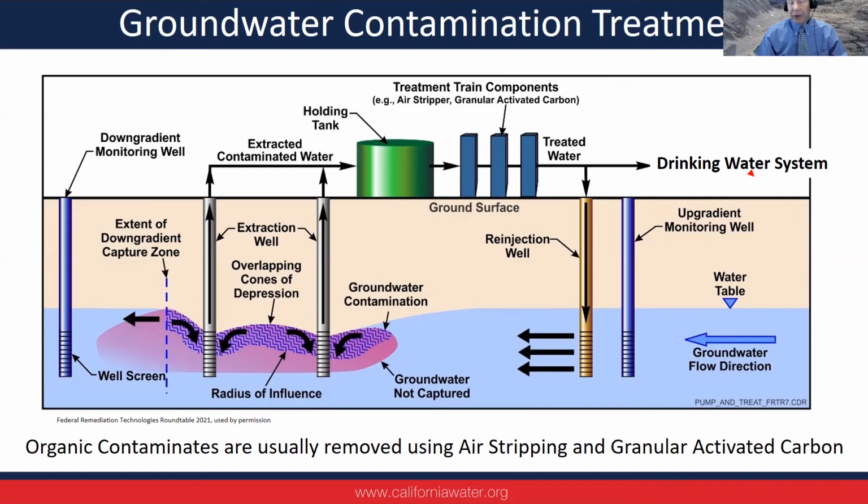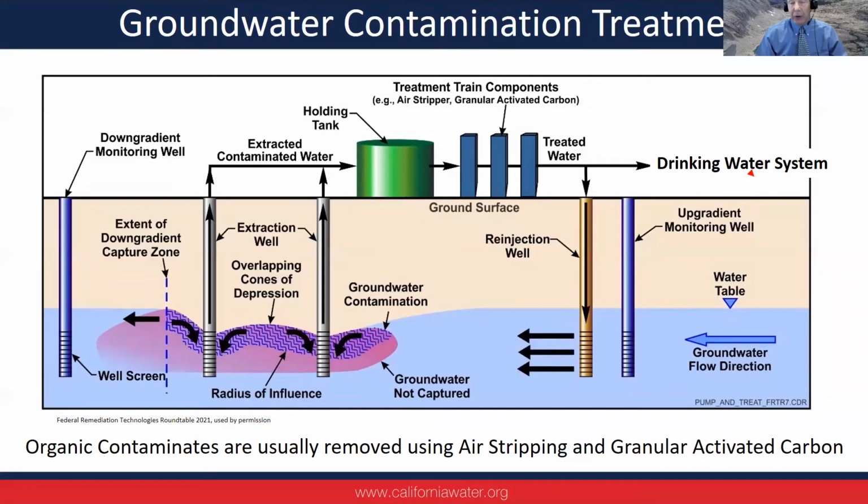The primary method for removing the organic compounds, which would be your 1,2,3-TCP and your DBCP, is air stripping, where the water is exposed to an air device that aerates the water and helps those volatile organics dissipate.